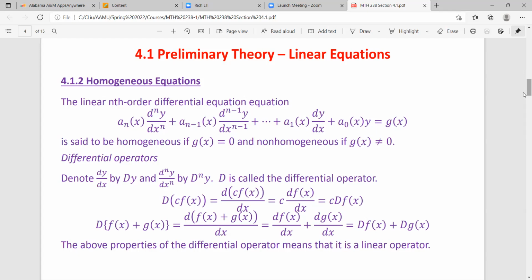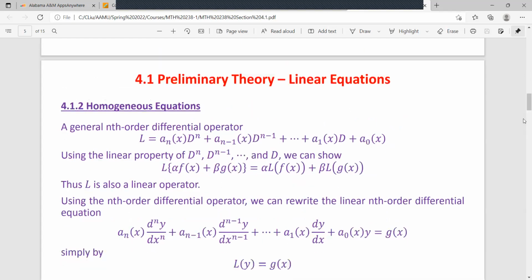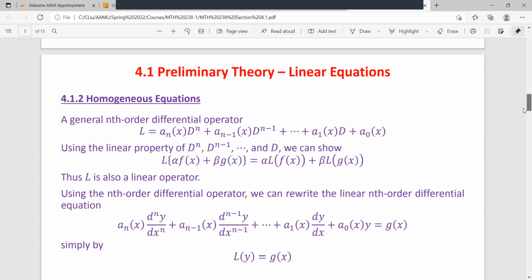And if you try to differentiate a sum of two functions, then you can obviously take the derivative of each function and sum up. So that means D(f plus g) is equal to D f plus D g. So these two properties ensure that the differential operator is linear. All right, any questions? And it turns out this differential operator is a very convenient and powerful tool for us.